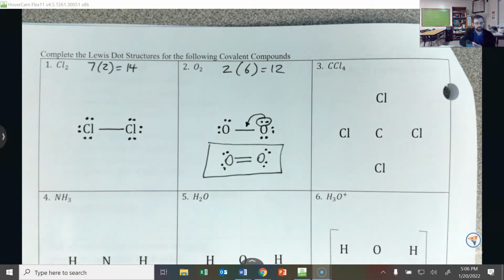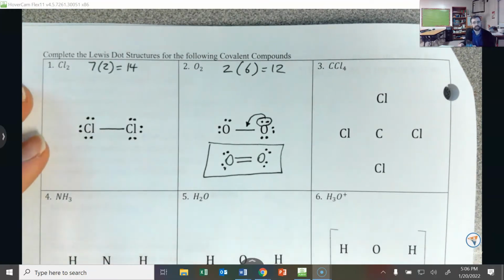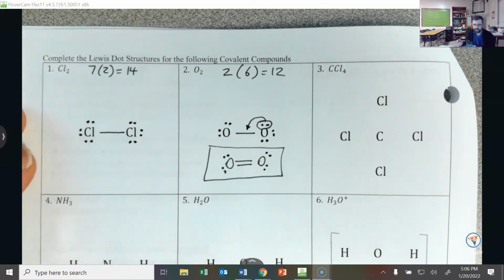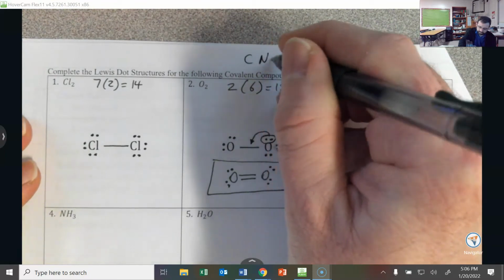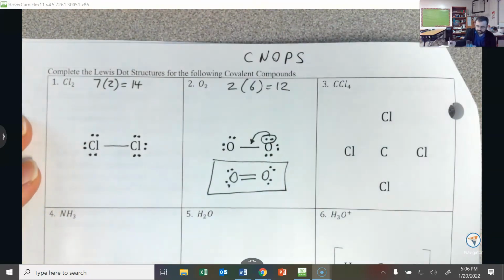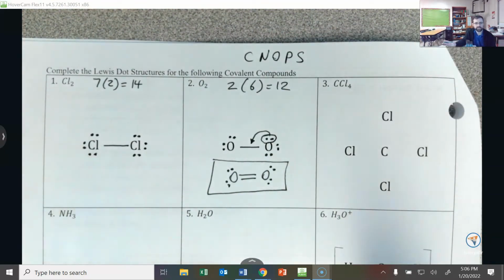And you can really only do it with a few different elements. That's carbon, nitrogen, oxygen, and phosphorus. But we didn't really spend a lot of time on that, but just kind of a side note, CNOPs: carbon, nitrogen, oxygen, phosphorus, and sulfur, those are the ones that can form double bonds.